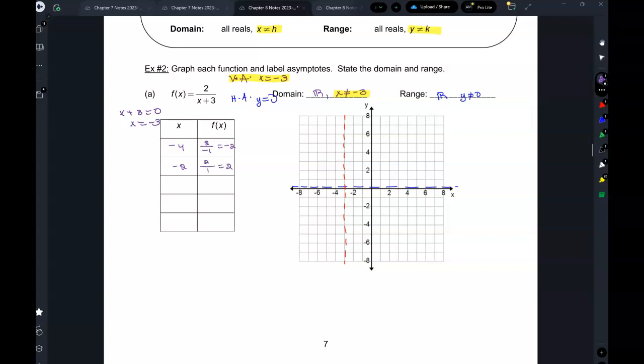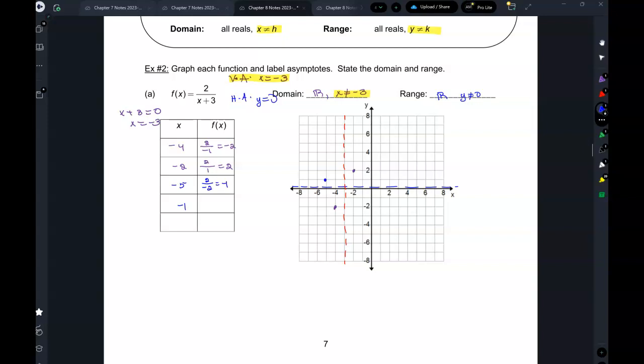So let's go over here. When x is negative 4, we're at negative 2. When x is negative 2, we're at positive 2. And then what else can I pick? I can go one more to negative 5 and negative 1. When x is negative 5, what do I get? 2 over negative 3, oh no, 2 over negative 2, negative 1.